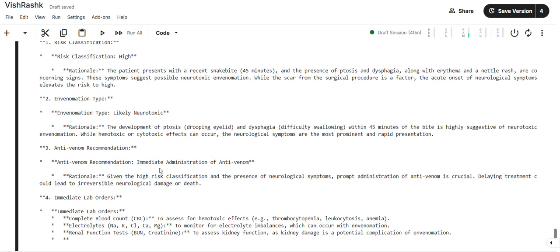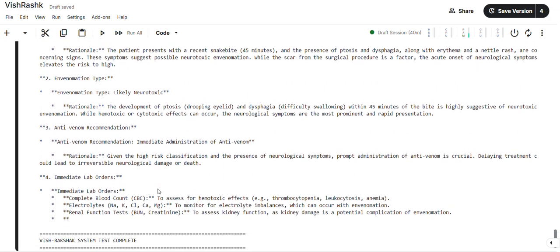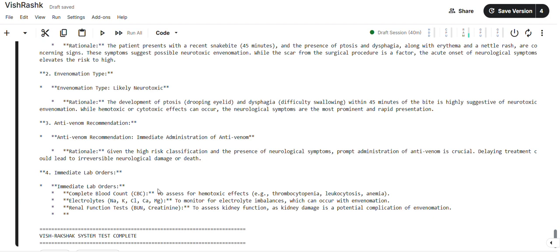It also has an antivenom recommendation. So VishRakshk will act as an expert consultant, instantly calculating risk classification and identifying envenomation types in case of a medical emergency.